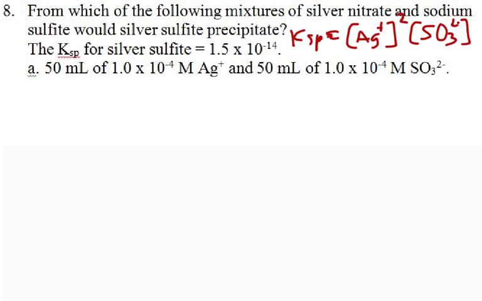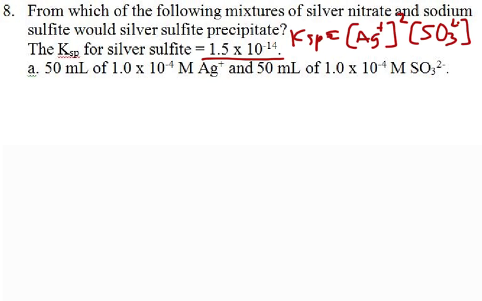Now, in a saturated solution, the amount of silver ion squared times the concentration of sulfite ion will equal 1.5 times 10 to the minus 4. And our big question is, if we put in a different amount of silver and sulfite, will we have enough ions to saturate the solution and form a precipitate, or do we have such small numbers here that it ends up all dissolving?